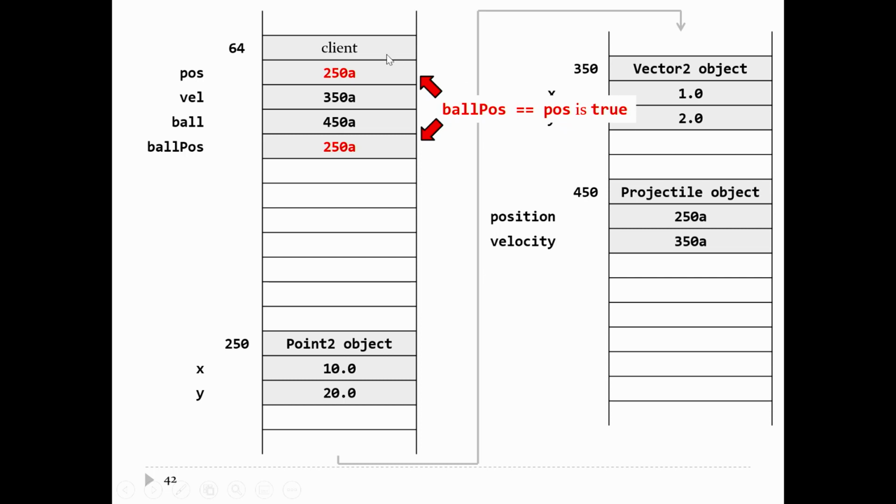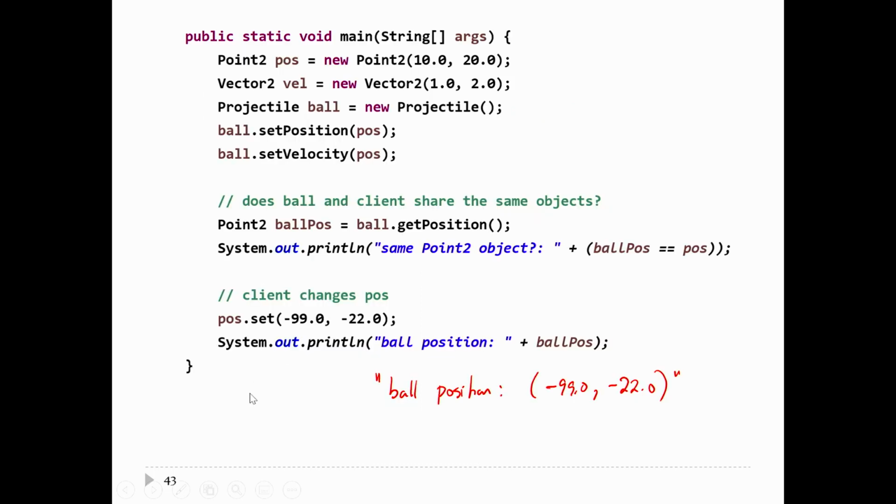So the ball position, which you can see right here, is the same object as, or refers to the same object as, the variable POS. They're both the same value, so they both point to the same object. What happens if the writer of the main method changes their variable POS?